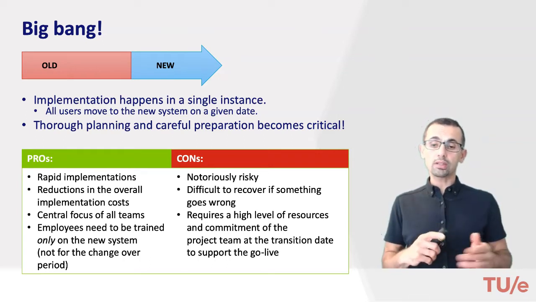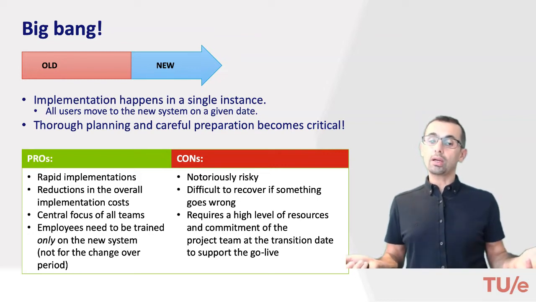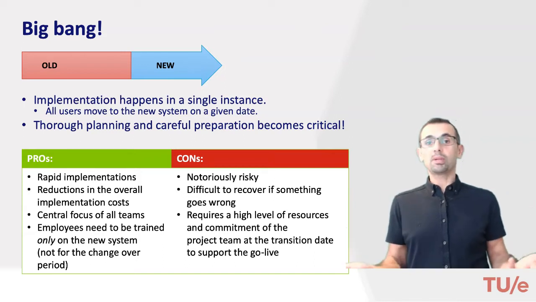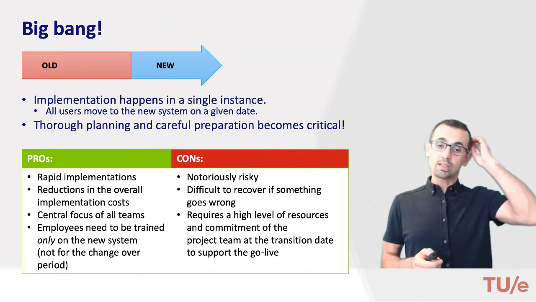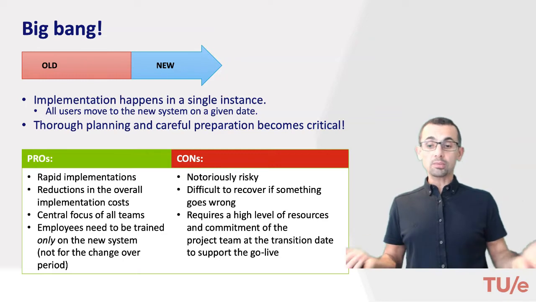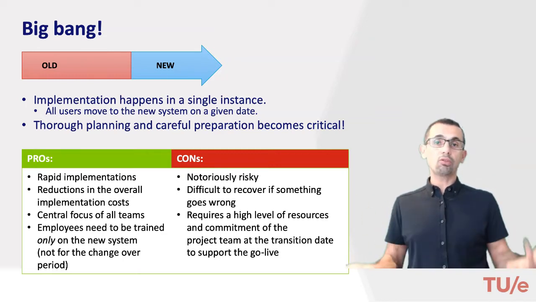But of course, on the other side, we have some cons. This approach is known to be quite risky. If something goes wrong, you might be simply doomed, as recovery or going back to the old system is typically not possible, or it's very, very costly. It's sometimes the case that unforeseen things happen just before, and things are rushed and details are overlooked.